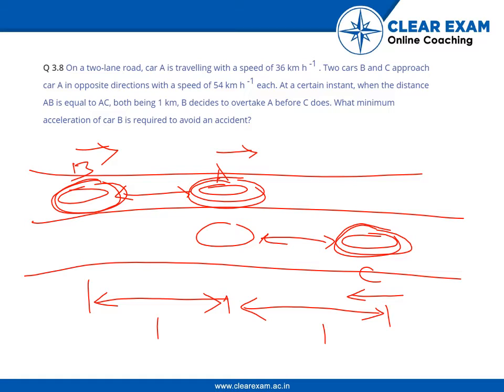And for that, B needs to have a minimum acceleration, right? Because C does not need much time to come here, because they are both running in opposite directions, so the relative velocity is already high here, so B needs to accelerate.